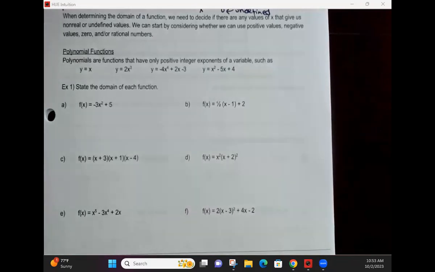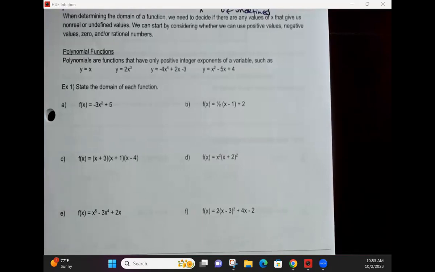So I know right out of the gate, we're not going to have anything undefined because we're not dividing by anything. So I can't divide by 0 if we're not dividing. Do I see any square roots here in any of these problems? No, no square roots. So I know I'm also not going to have to worry about square roots of negative numbers because we don't have any square roots.